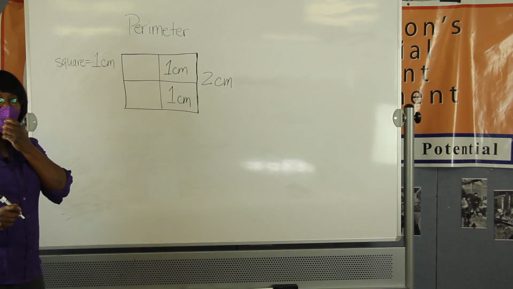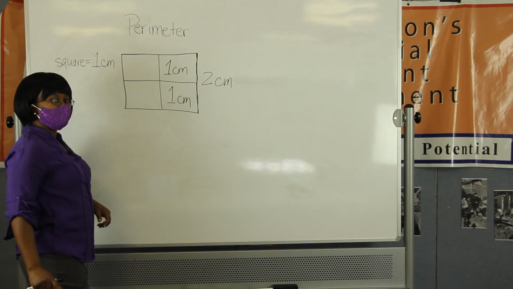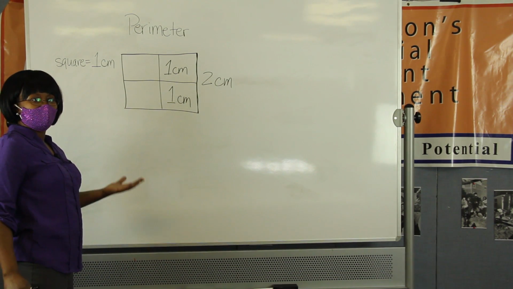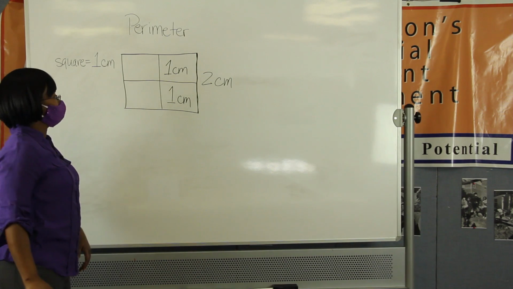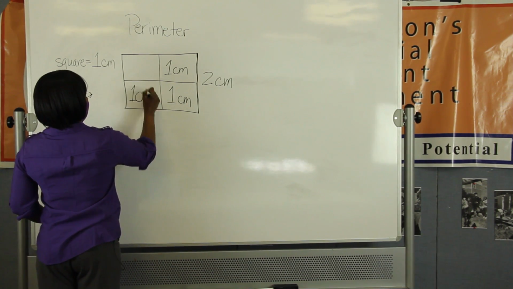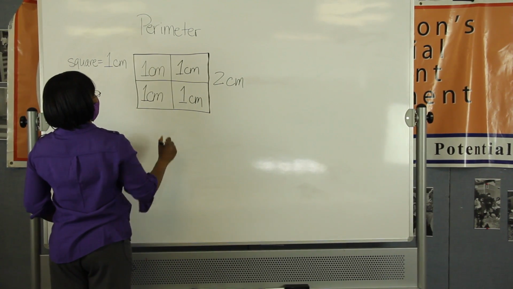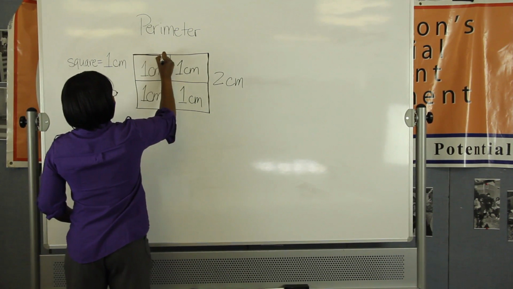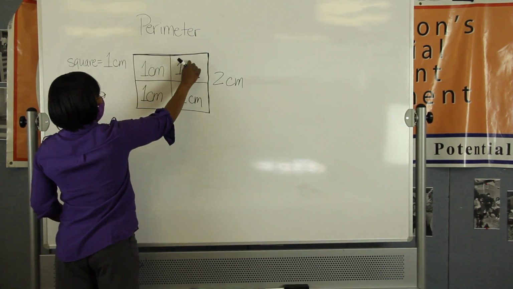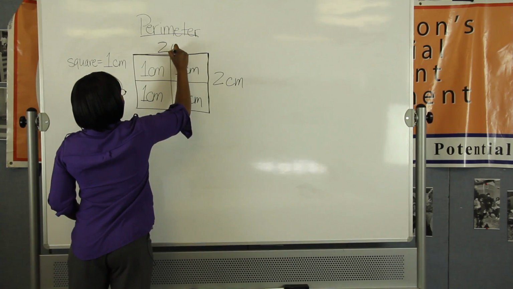Make sure that you have your units, because if you're talking centimeters and somebody else is talking inches, then you're not speaking the same language. Same number, wrong unit. Since each one of these squares is a centimeter, this length will be 1 centimeter plus 1 centimeter, which will be 2 centimeters also.